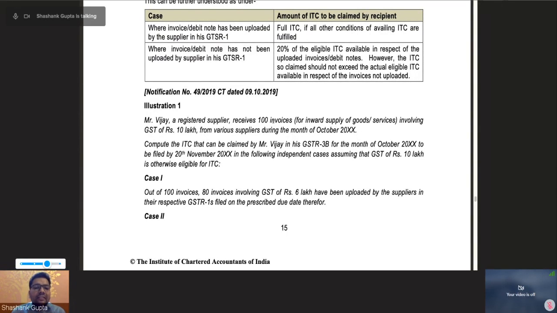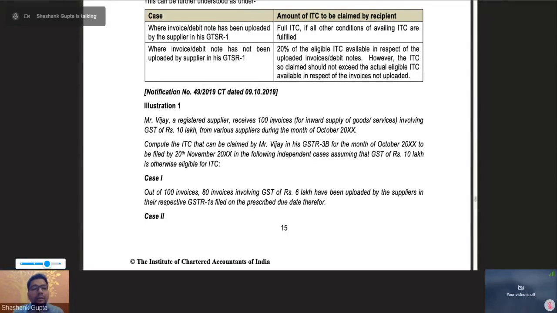Compute the input tax credit that can be claimed by Mr. Vijay in his GSTR 3B for the month of October to be filed by 20th of November in the following independent cases, assuming that GST of rupees 10 lakh is otherwise eligible for ITC.